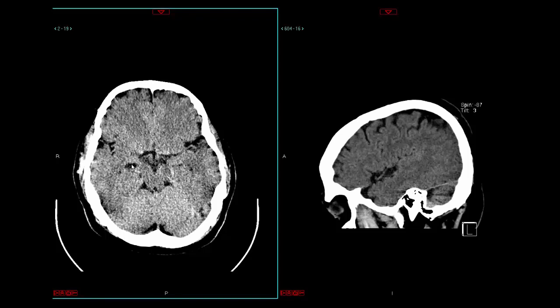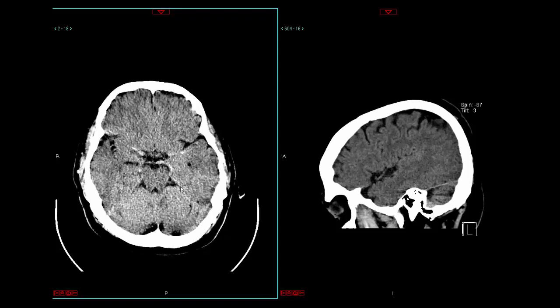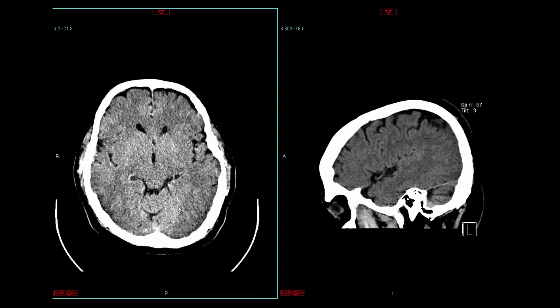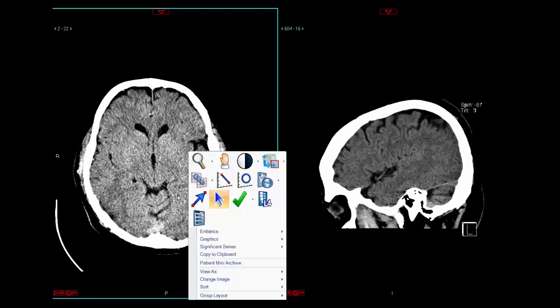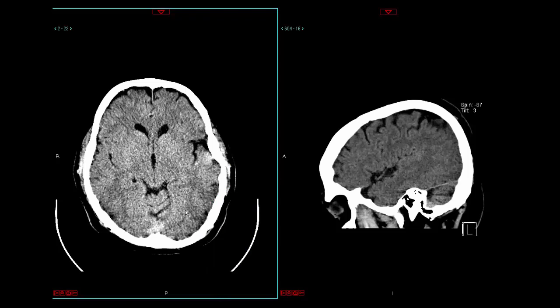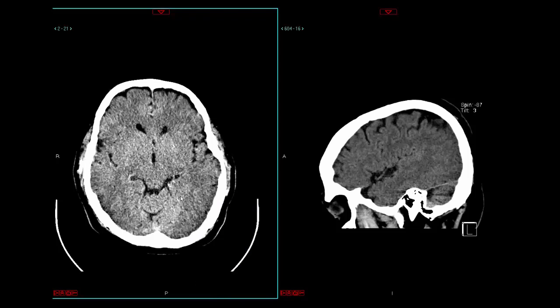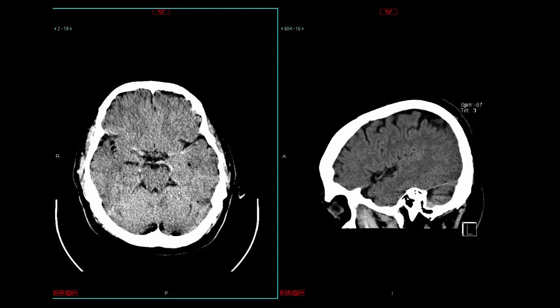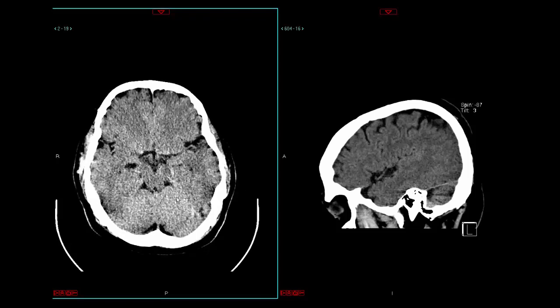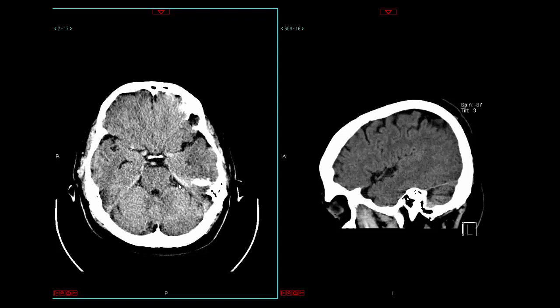Other anatomic structures that you can appreciate at this level are the temporal horns of the lateral ventricles. Again, as I scroll up, once you start seeing the tentorium, the cortex adjacent to that tentorium is going to be the inferior occipital lobes, because we're just opening up into the infratentorial compartment at that point. So, pretty good idea of what we have there.